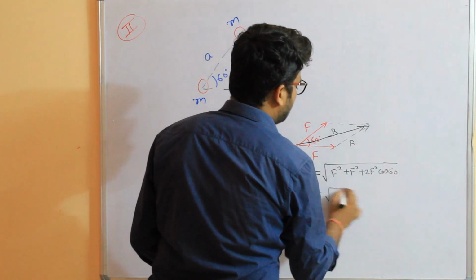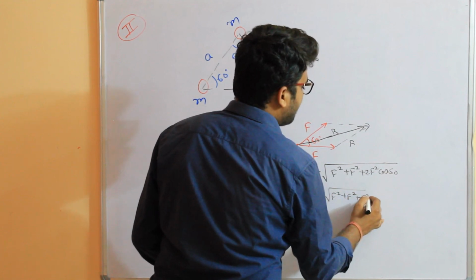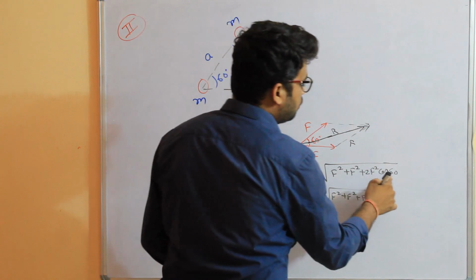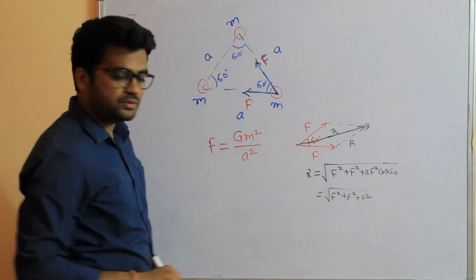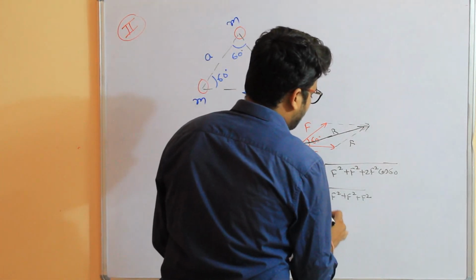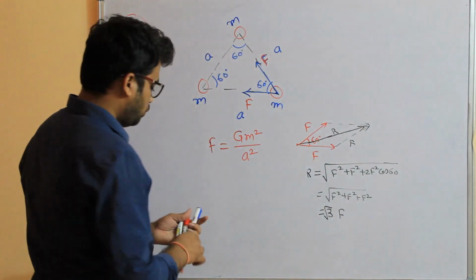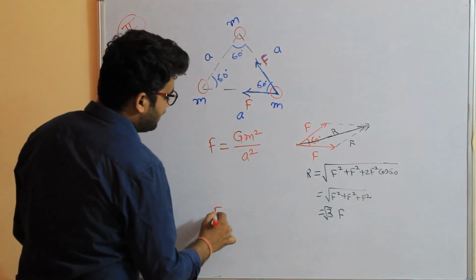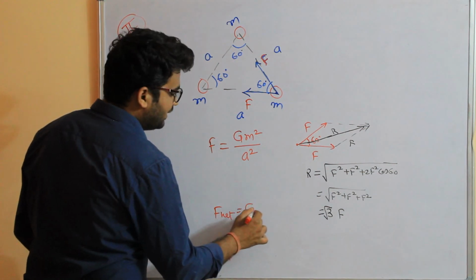So which is equal to root of F square plus F square plus F square. Why? Because 2 into cos 60, cos 60 is 1 by 2. So 2 into 1 by 2 cancel out and we'll get root of 3F square, which is root 3 into F. So the net force on that small m is root 3 into F.